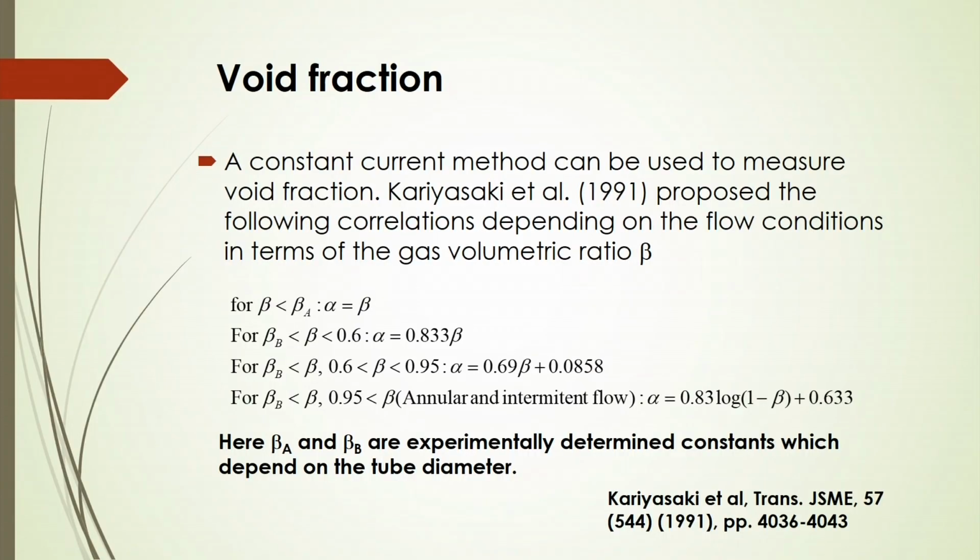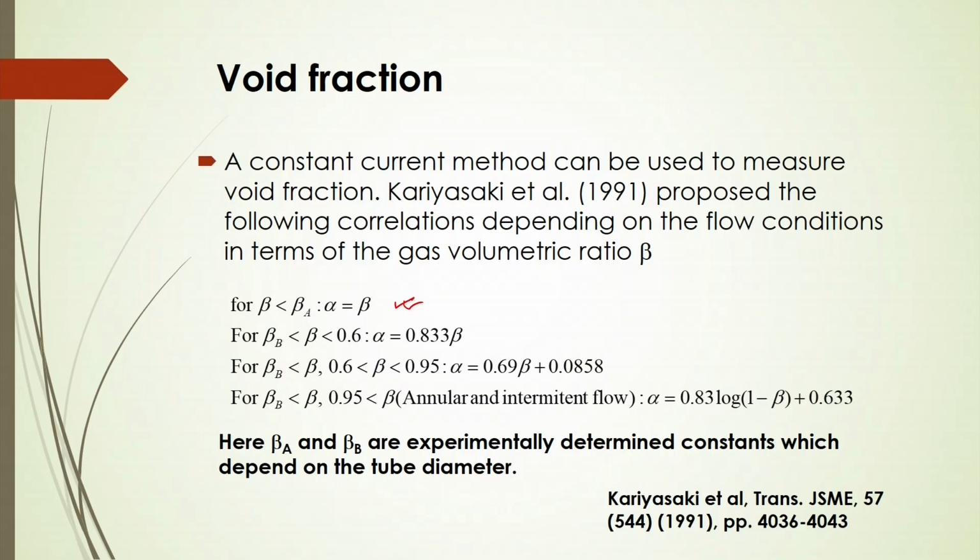According to their observations, if beta is less than beta A, then alpha should be equal to beta. What is that beta?